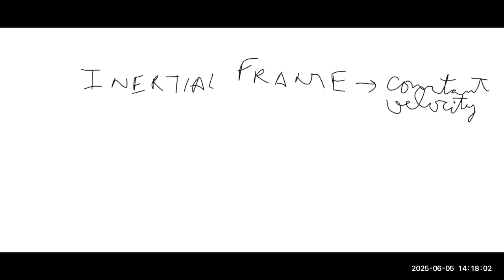So an inertial frame is one in which, as long as there's no force acting on an object, it will not accelerate. And I'll give you an example of how that can be violated. So inertial frames are frames that are moving at constant velocity with respect to each other, and frames in which the law of inertia or Newton's first law of motion is obeyed.